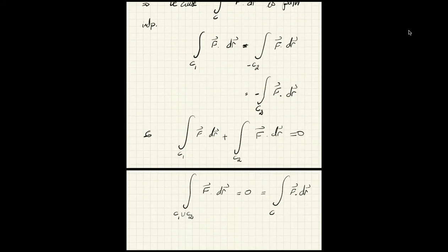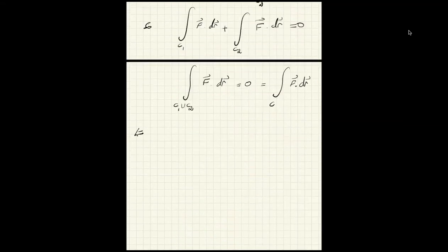What you want to show, as an exercise, is this: you take A and B, and you take two paths, one that goes from here, and the other from here. You have to make sure you have the right orientations. You take C1 and C2, and you want to show that they give you the same line integral.